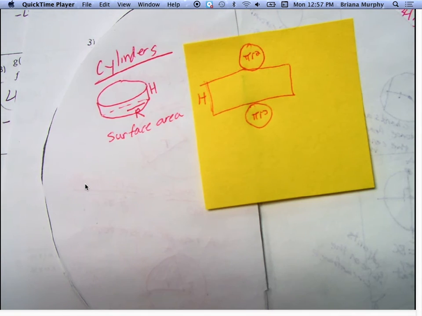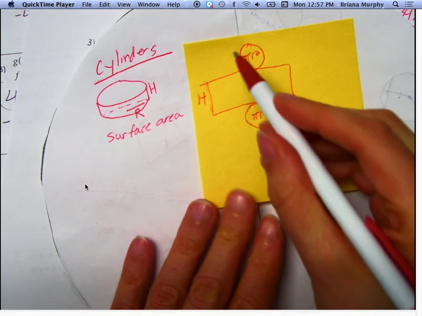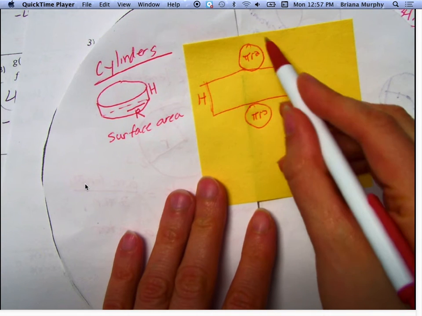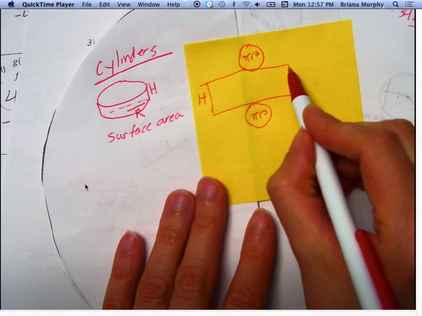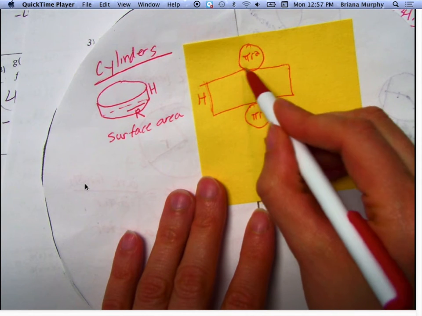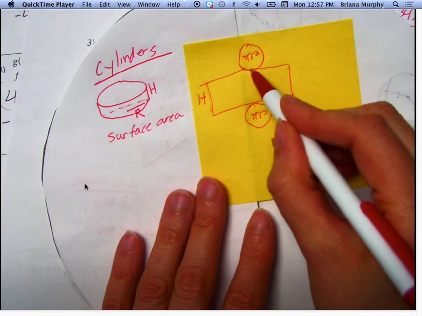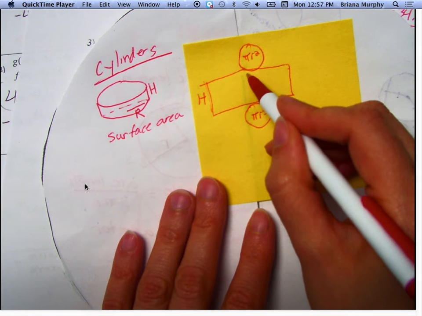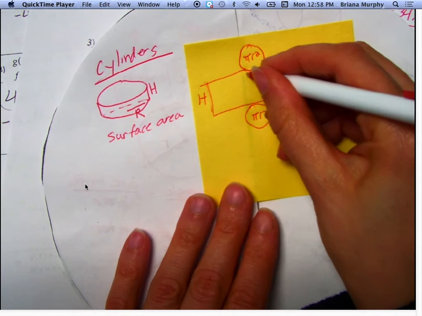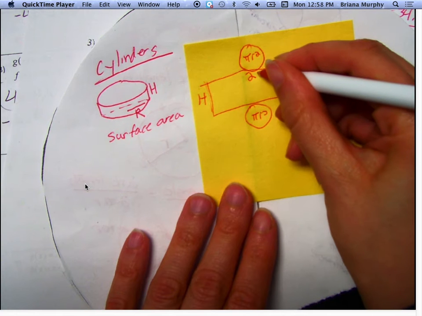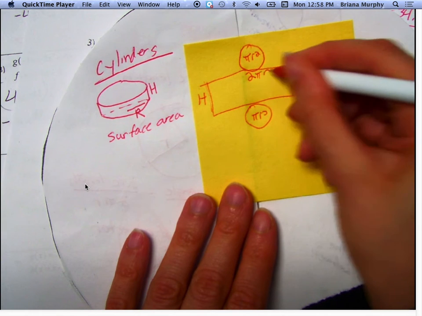But could I put it in terms of h or r? R. Okay, because if I wrapped this around the circle, this circle and this length would be the same, correct? So how do I find this around the circle? What is that called? Circumference. And what's the equation for circumference? 2 pi r, right?